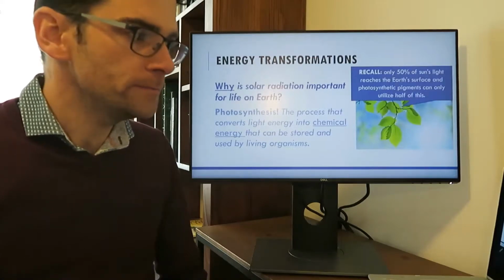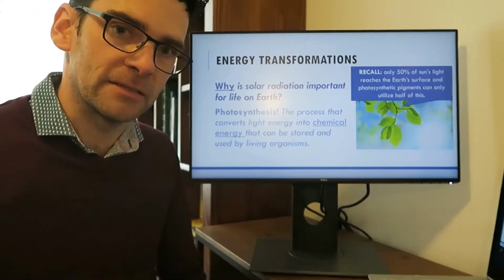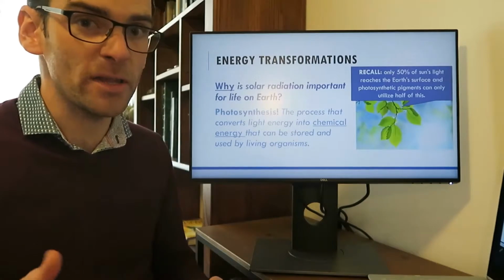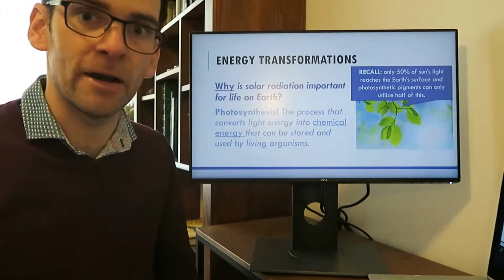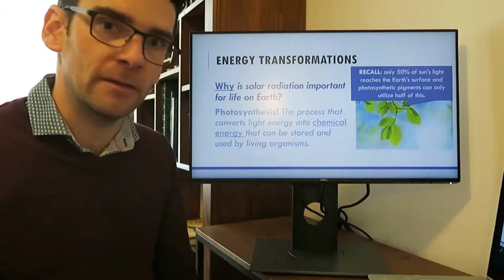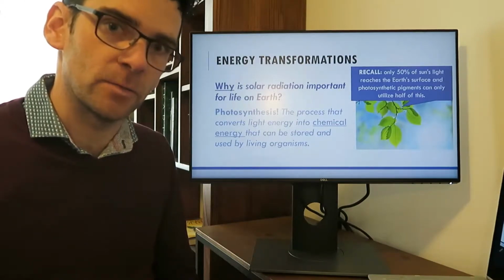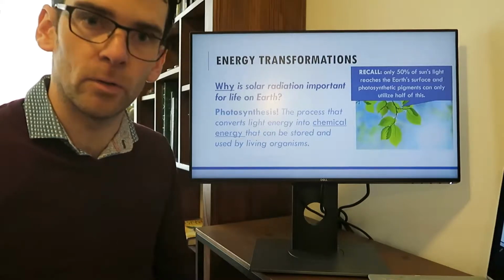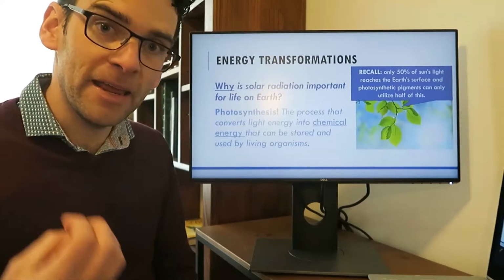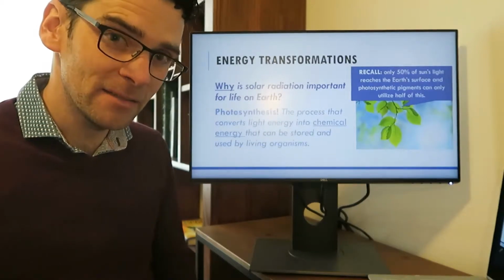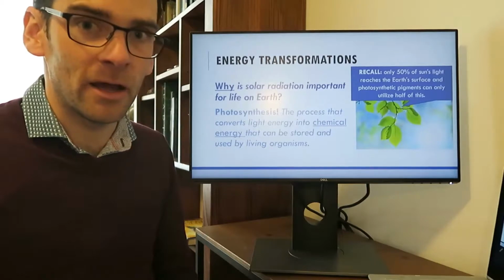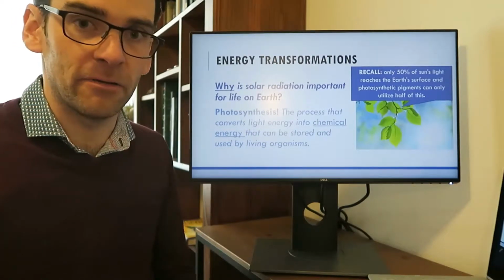So you'll recall from our previous lesson that of all the light that's entering our atmosphere, which is still only a small percentage of the light that's radiating from the sun, only 50% actually makes it to the surface where these living things are, or what we call the biosphere. And then of this 50% that makes it to the surface, really only half of that can be utilized by plants for some reason or another.